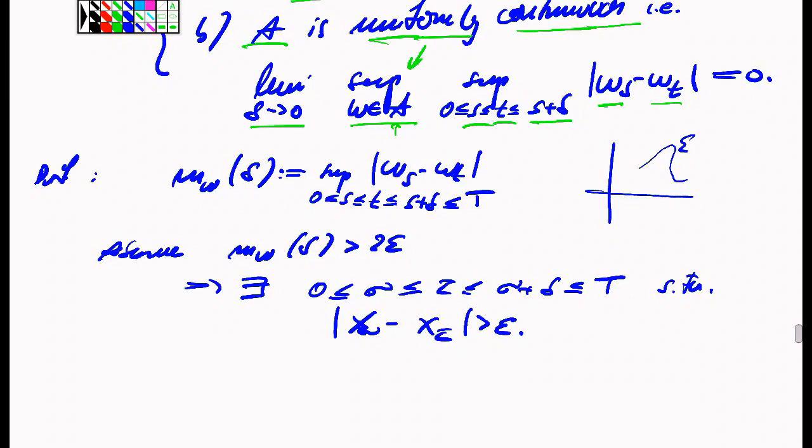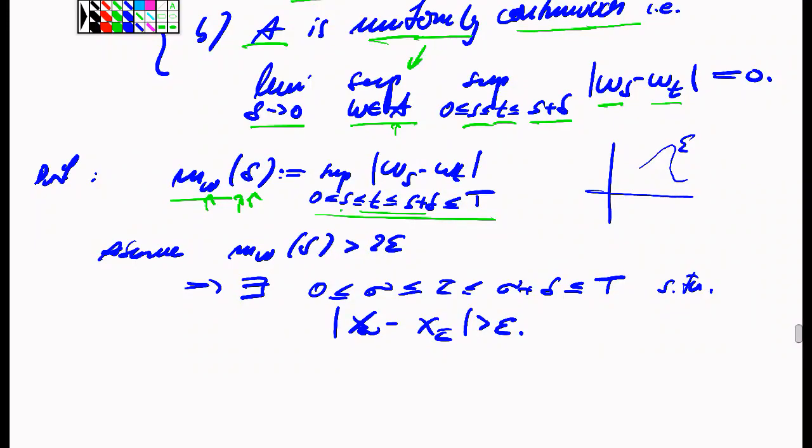Okay, and another way to formulate uniform continuity is by looking at what is called the modulus of continuity of a given curve, namely the modulus of continuity for a given level delta of a given curve is exactly the maximal difference you can see between two different evaluations of the curve when the two different evaluations are no further away than delta. That's a certain number which depends on delta, and which, of course, depends on the trajectory, on the function which you evaluate.